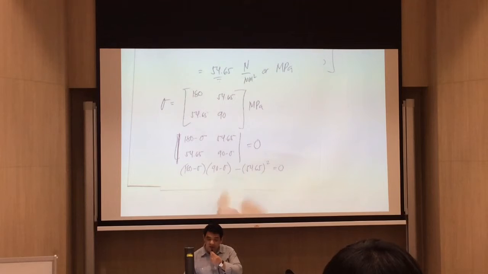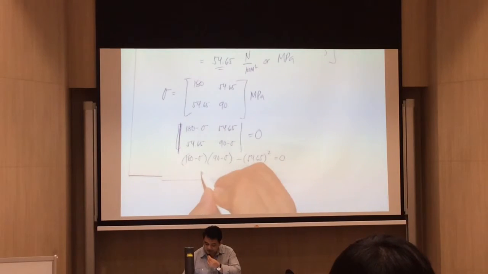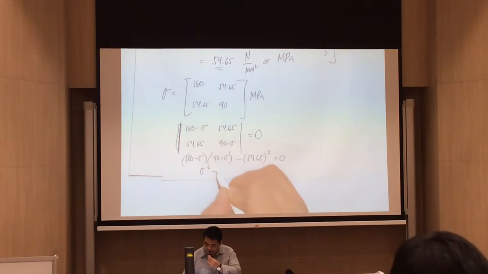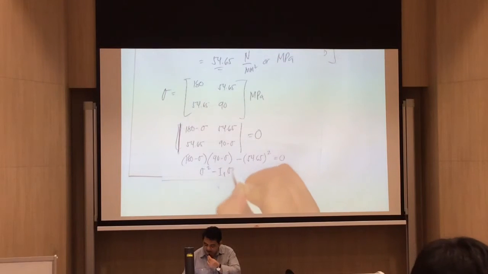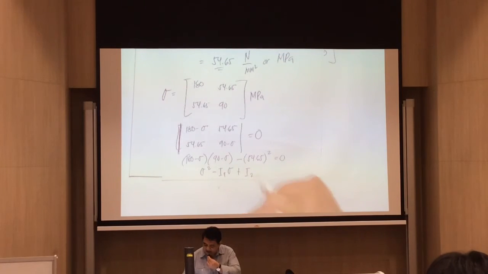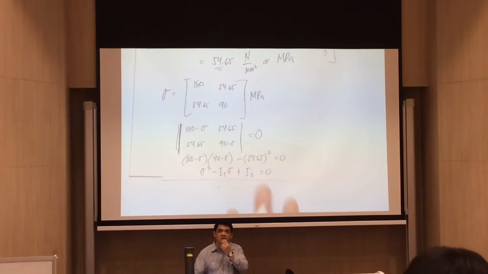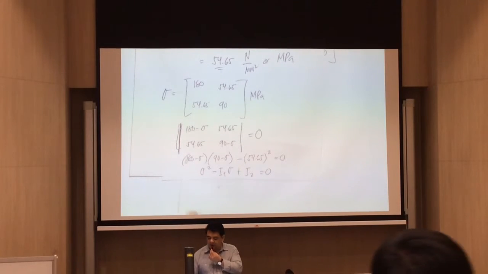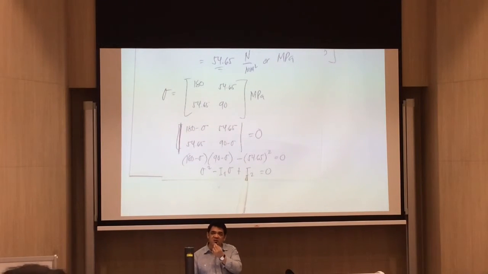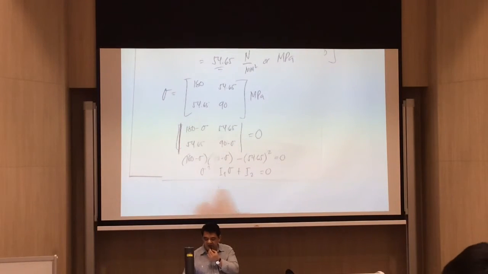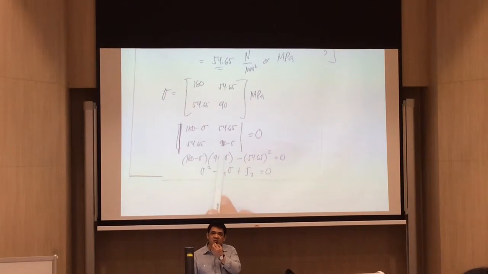Or the alternative is, of course, you have sigma squared minus I1 sigma plus I2 equal to 0. If you have the equation available with you and you want to use it, you can simply use that. Or if it's not readily available and you forgot, then you can simply take the determinant of this one, equate it to 0. Both are correct.